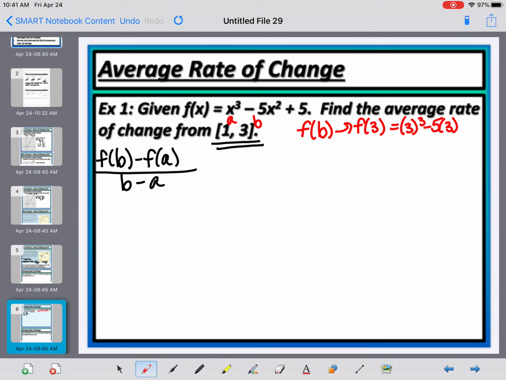So we would take that and plug it into our function. And then we would do the same for f of a. So f of a is 1.